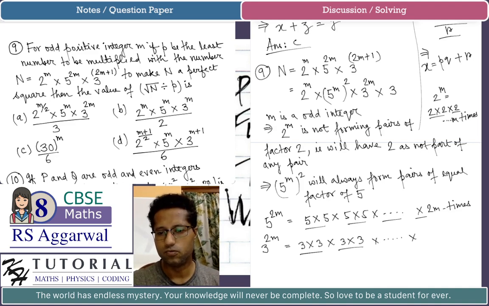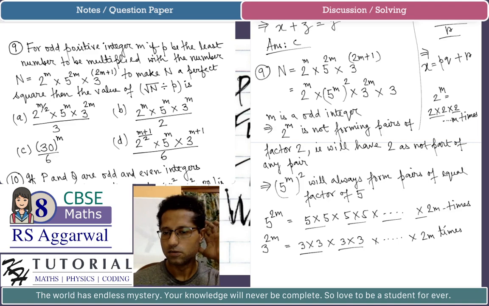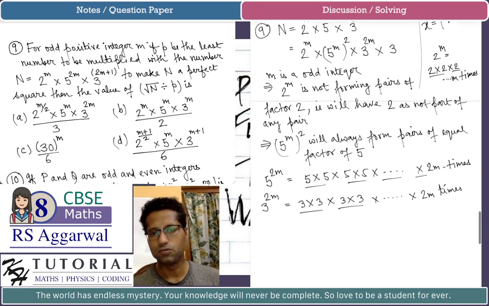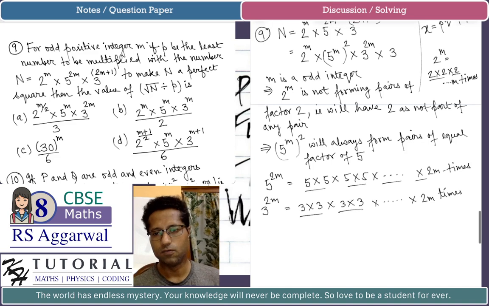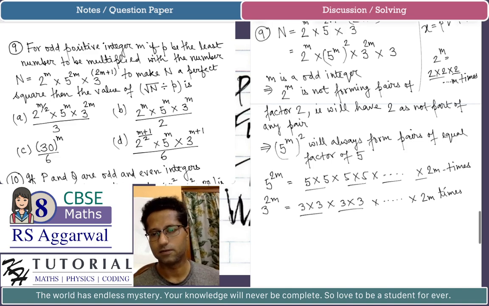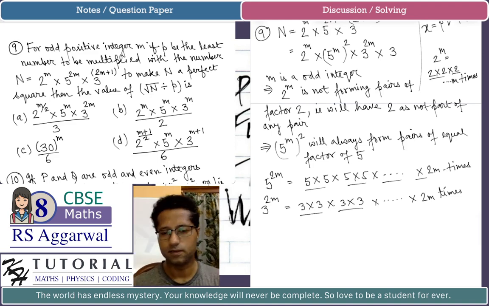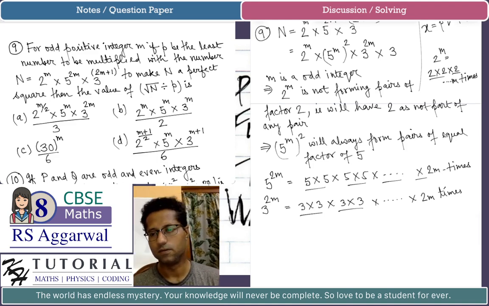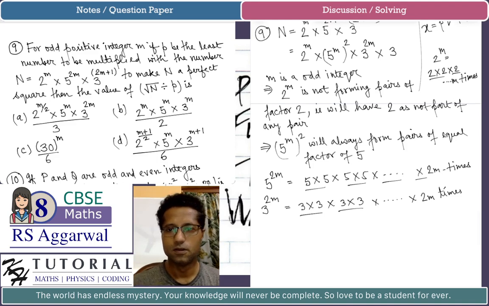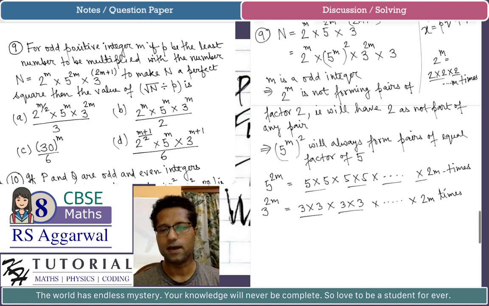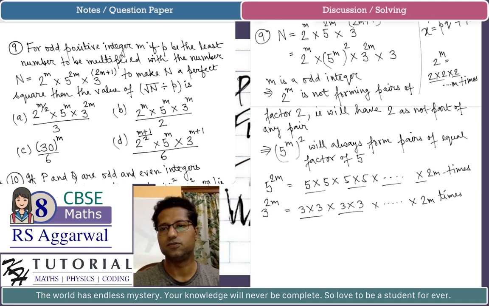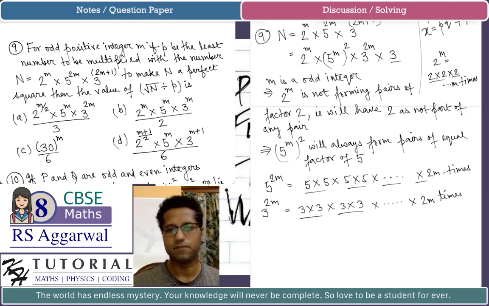So definitely 3 to the power 2m also has pairs of equal factors. No factor in 3 to the power 2m is left alone. Every factor is a part of a pair. And we see that the 3 is left behind.